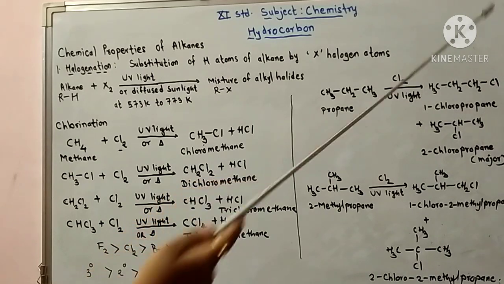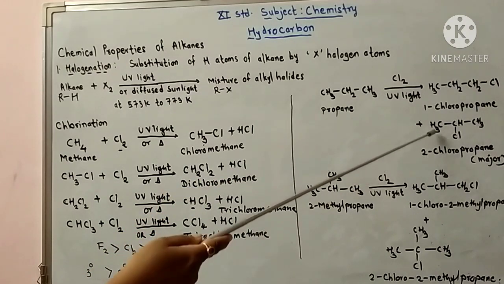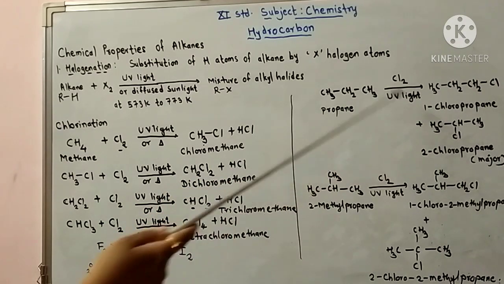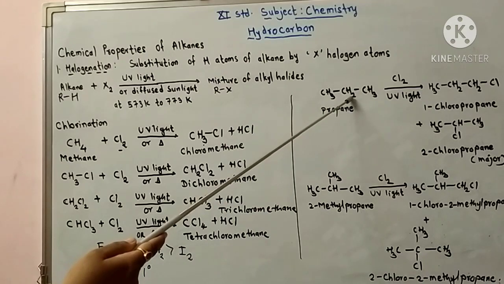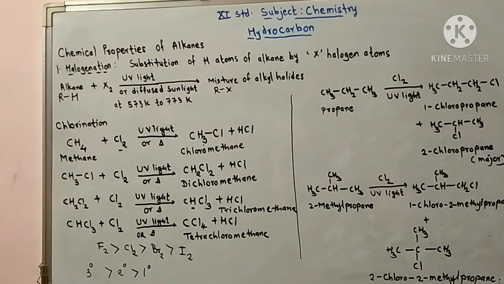Here we get 1-chloropropane. In the other product, the hydrogen is removed from the secondary carbon, therefore we get 2-chloropropane. Secondary hydrogen is more easily replaced, so more product is obtained as 2-chloropropane, as the hydrogen is replaced from the secondary carbon. So this is the major product.